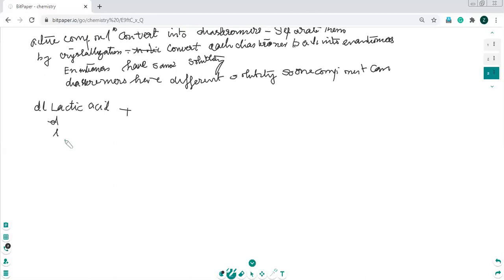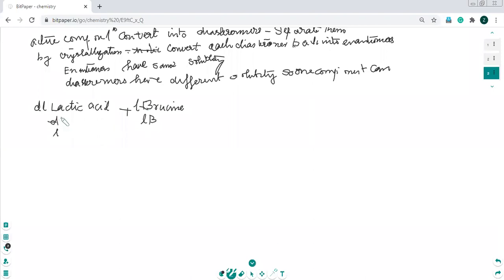You react this with an optically active base, for example, brucine. Brucine is an optically active base. Suppose we are taking brucine having L configuration. It is levorotatory. So we are taking L brucine. LB stands for L brucine.